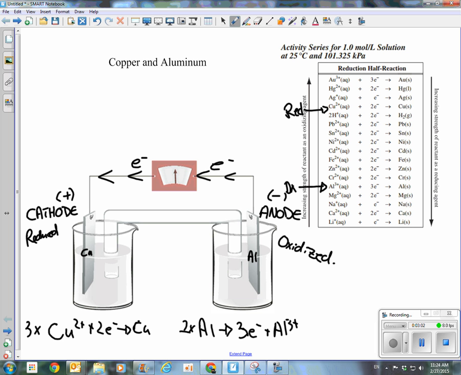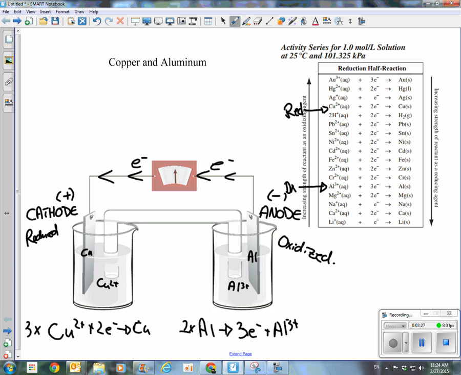Now, what you need to keep in mind is we're always going to have copper ions in a copper electrode. So we know we're going to have some Cu2+ in here, and we're going to have some Al3+ in here.